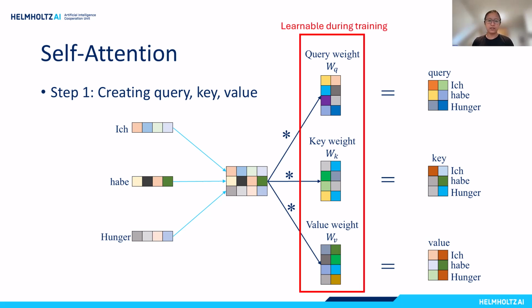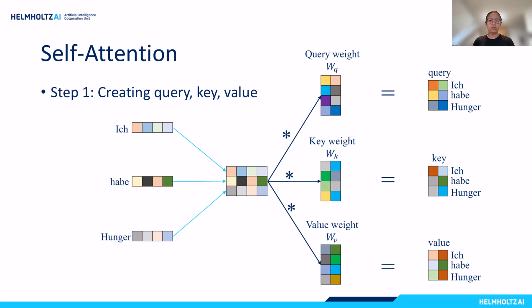These weight matrices are learnable during training. Each weight matrix has size of the length of input vector, in this case 4, by the desired length of query, key, value, in this example 2. We use matrix calculation instead of vector by vector for parallelization.